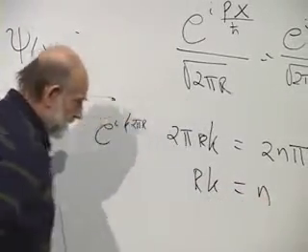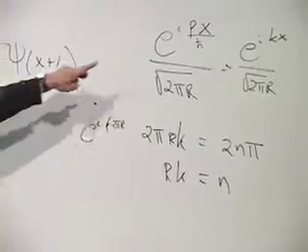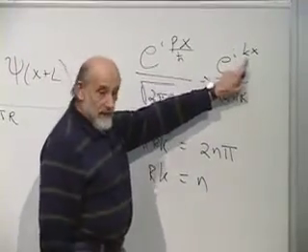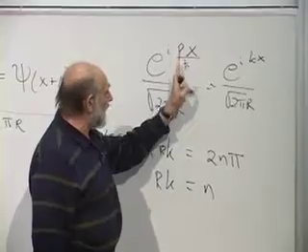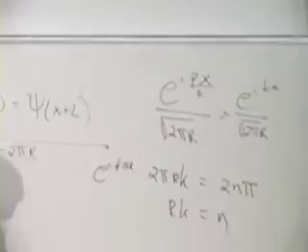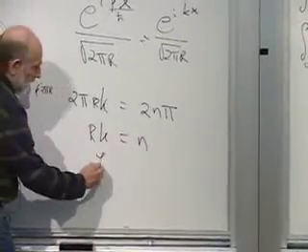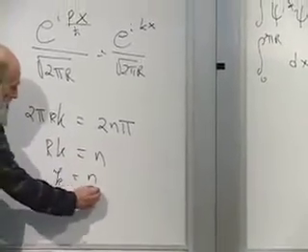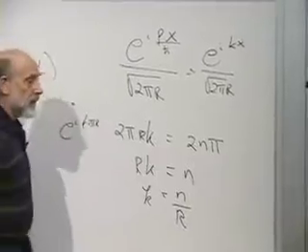The eigenvalue k is the eigenvalue of the momentum, or strictly speaking, the momentum times a, divided by h bar. The quantity k is quantized in units of n over r.